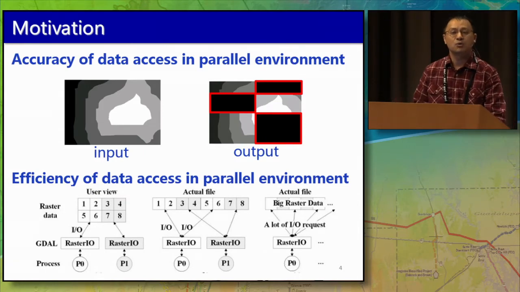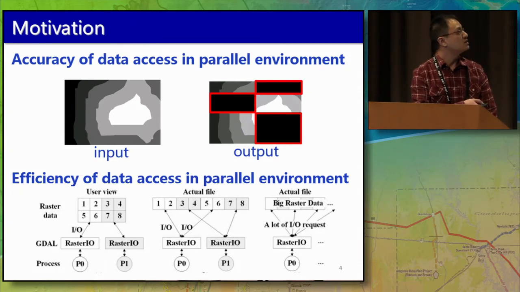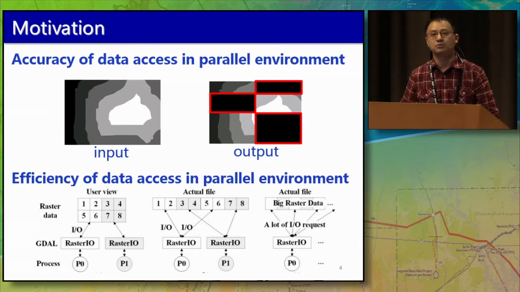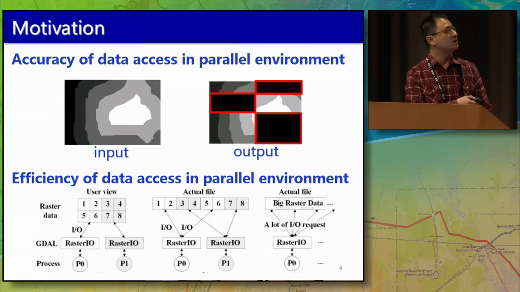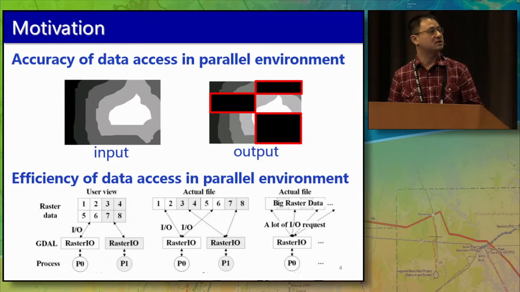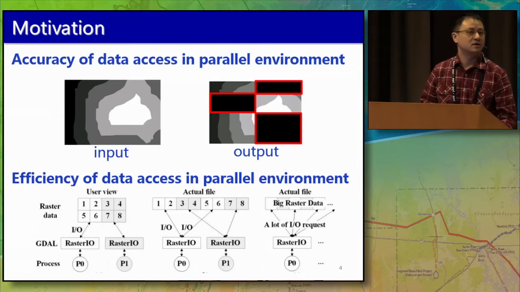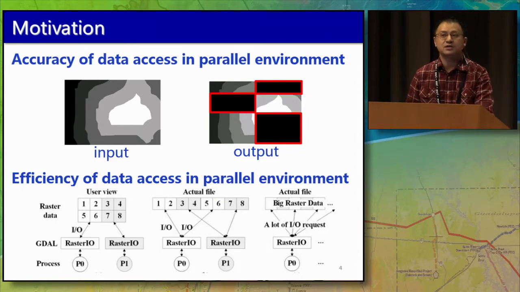But when we use column-wise or block-wise data partition, we can see incorrect output. There are holes with no data in this area, because when parallel processes access data, there are conflicts.